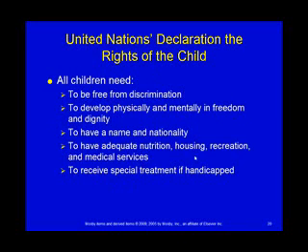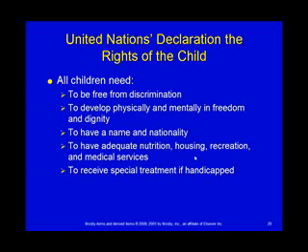The United Nations declared a list of rights for children. They have the right to be free from discrimination. They have the right to develop physically and mentally in freedom and dignity. They have the right to have a name and a nationality. They have a right to have adequate nutrition, housing, recreation, and medical services.